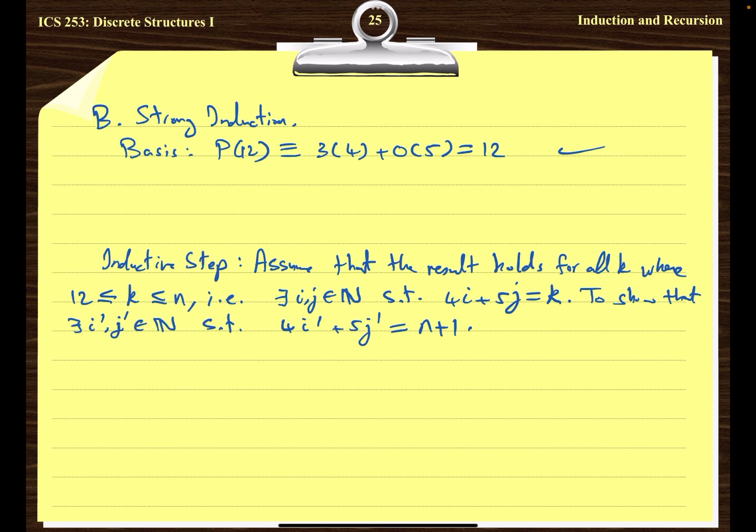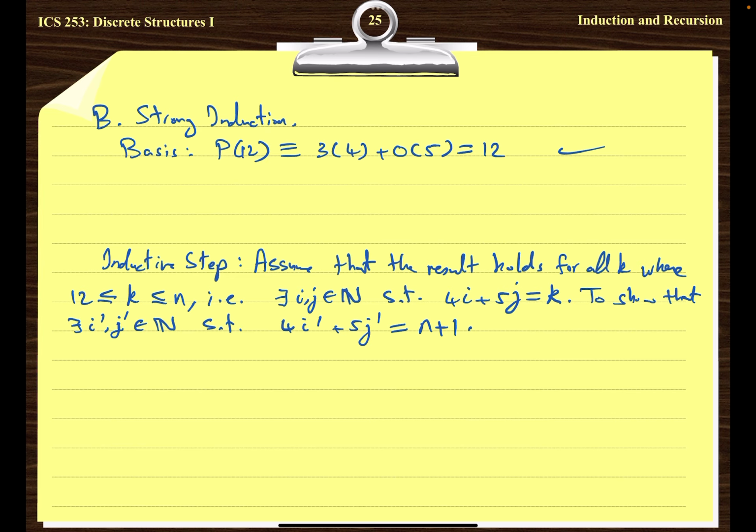Can you say that 4i plus 5j equals n minus 4? Then if we add, then n plus 1 equals 4i plus 5j plus 5. This is an excellent solution.